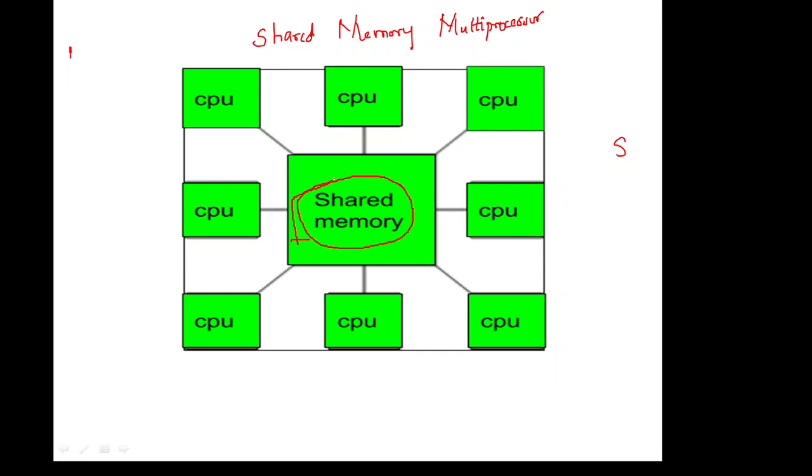Here, in the multiprocessor, this is processor 1, this is 2, 3, 4, 5, 6, 7, 8 processors over here. All the 8 processors are going to share a single common memory. This is the single memory. So this is how the diagram of shared memory multiprocessor is going to be.